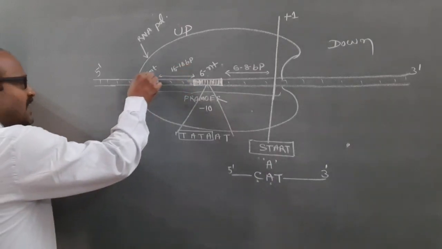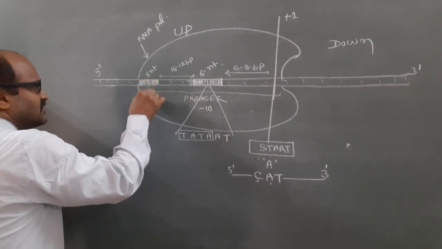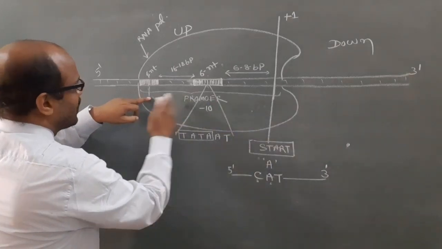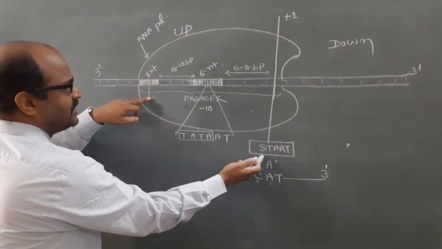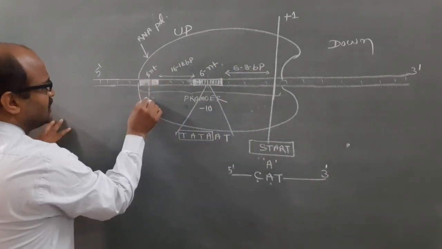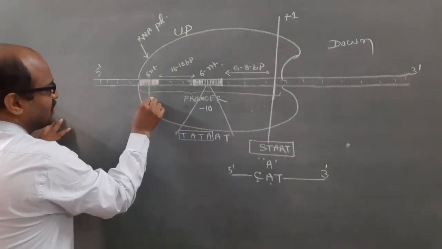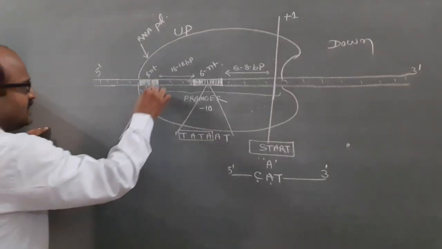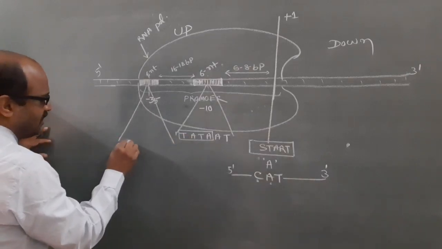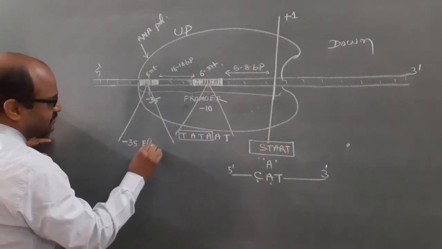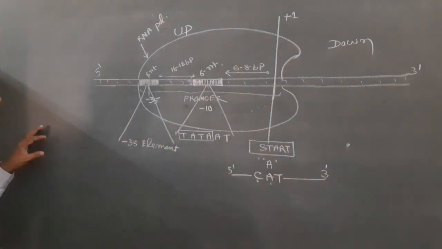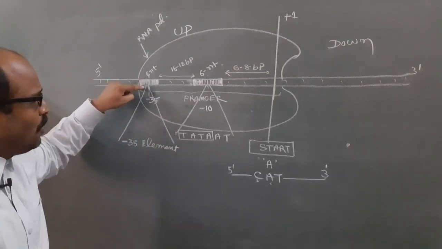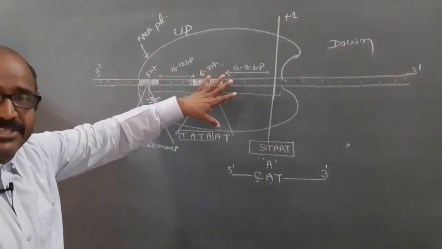The center of this sequence is about 35 base pairs' distance from the start region towards the upstream region, that's why it is indicated as minus 35. This sequence is known as the minus 35 element, another component of the promoter region.